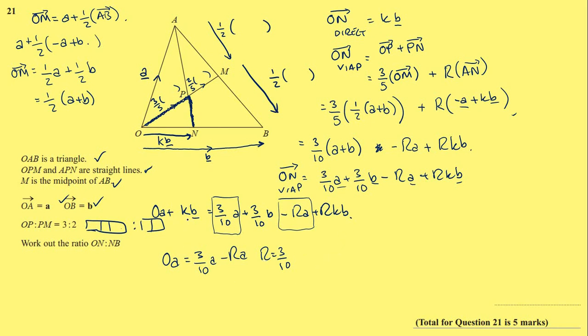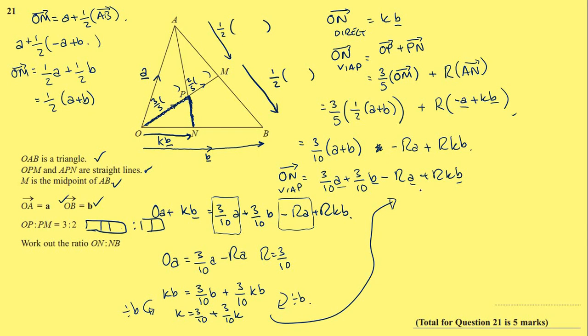Now let's compare the B's. We've got K of B must equal 3/10 of B plus R, which is 3/10 of K of B. Okay, now I'm going to divide everything by B. And I'll end up with K equals 3/10 plus 3/10 K. Okay, so K, quite close towards the end, so I can choose this box here.